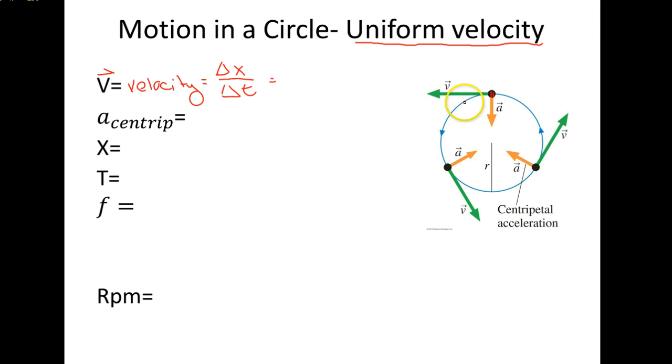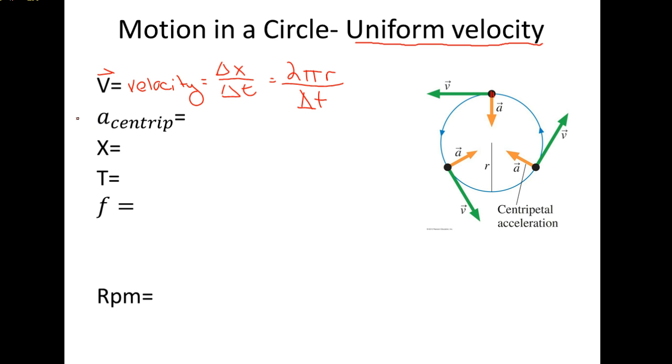What do we call this path going all the way around the outside of the circle? It's a circumference. And so I will now measure velocity as 2 pi r, or pi d if you prefer that formula. So 2 pi r is the distance around the circle over delta t. Right? Just a little modification for that.